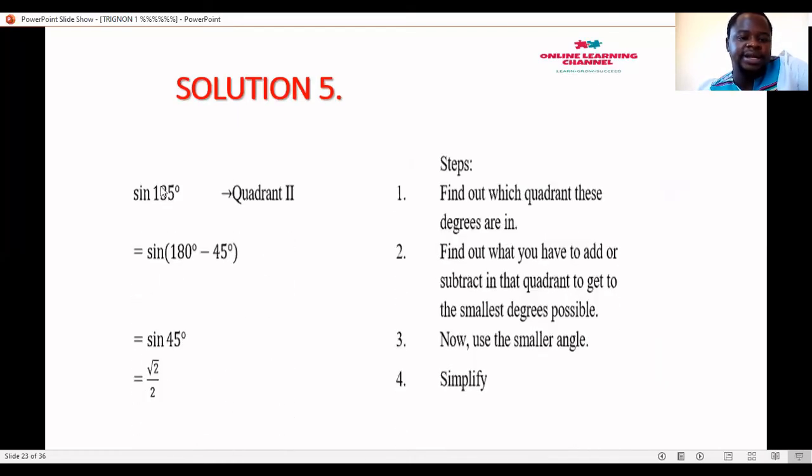Under solution, we have sine 135, so it will be sine of 180 minus 45 degrees, which is equivalent to 135. 45 is your special angle, so you just play around with special angles and manipulate until you get this number. So it will be sine 45, which is equal to root 2 over 2 after rationalizing.